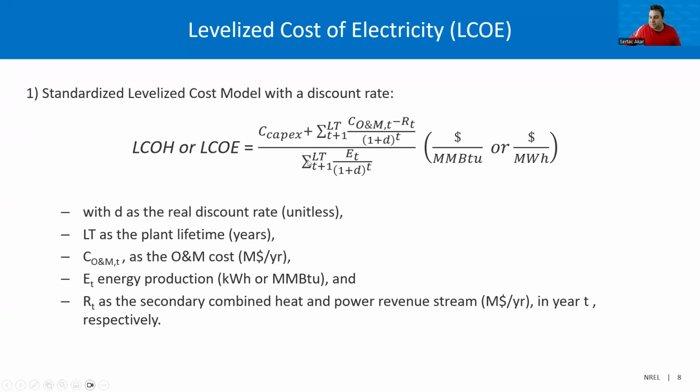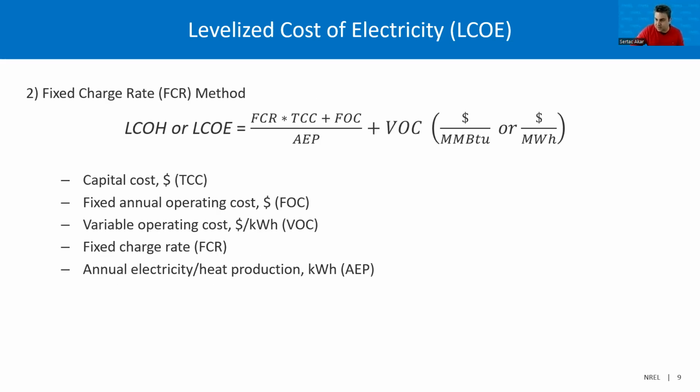And this value is usually in dollars per megawatt hour or dollars per MMBTU. And when we have this number, we can literally compare two different projects. The one with the highest LCOH is going to be more expensive. The lowest LCOH is going to be more feasible.